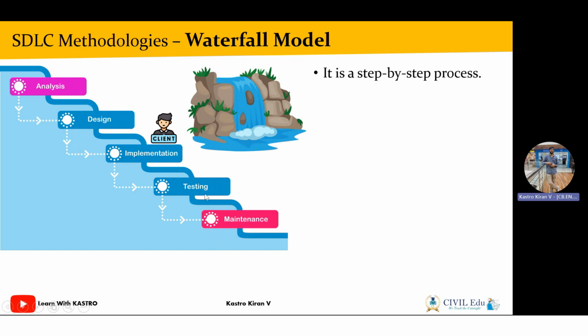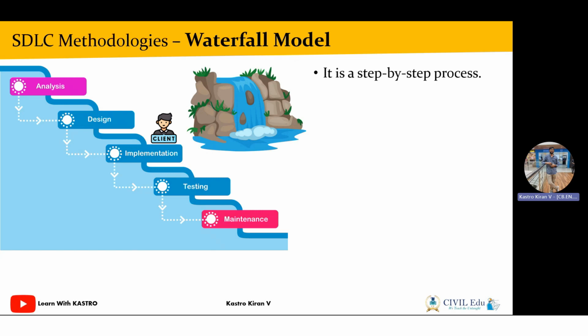When you are in the testing phase, again the client came up to you and he said that I want one more additional feature to deploy in my application. Now, when you are in the testing phase, if the client comes up with a new idea, again you have to go back and gather the requirements which are required, and then again you have to restart from the very first step. That is the major drawback of the waterfall model.